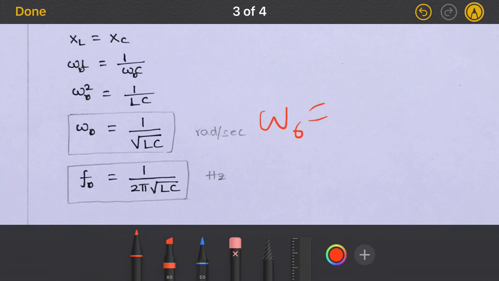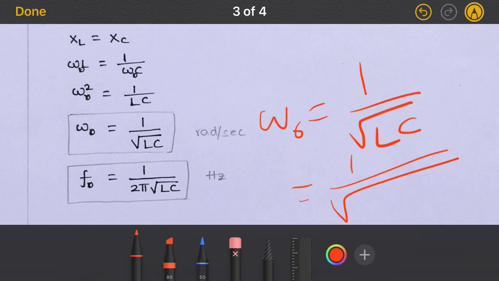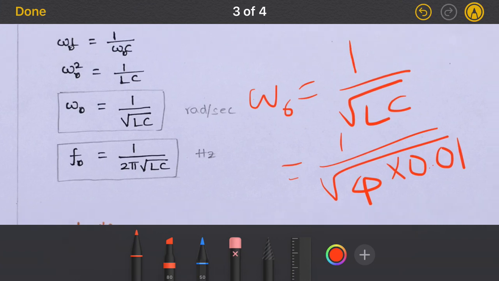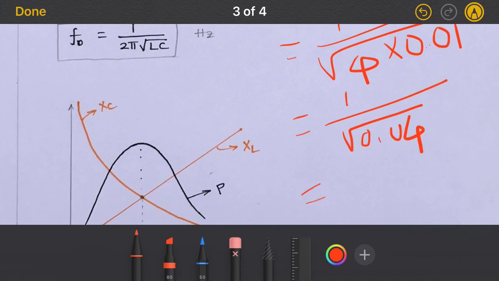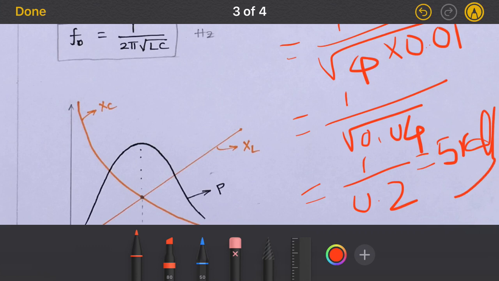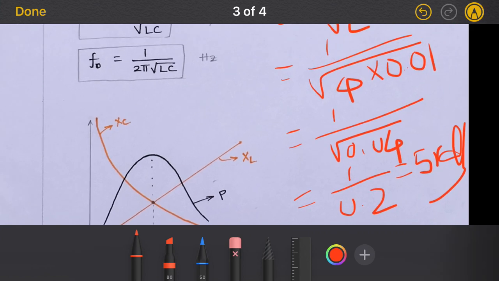Omega naught equals 1 by root over LC, that is 1 by root over L value 4 into 0.01. So this is 1 by root over 0.04, that is 1 by 0.2, equal to 5 radians per second. This is how we calculate angular frequency, that is oscillating frequency, for any series RLC circuit resonant condition.